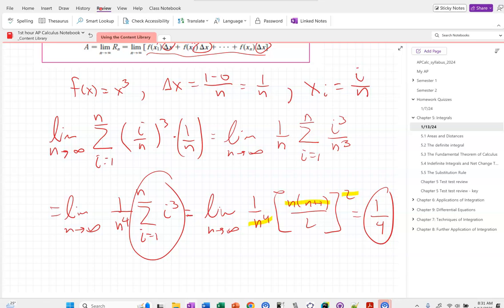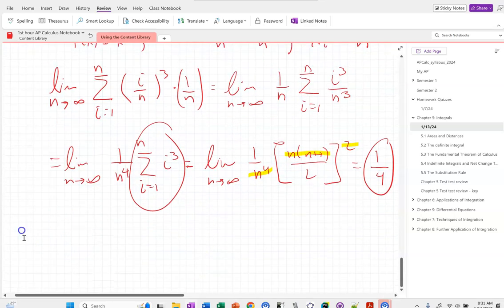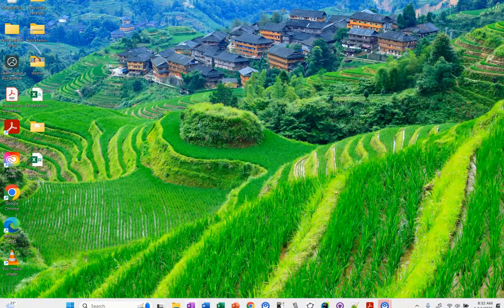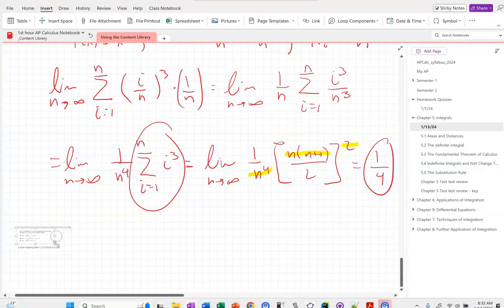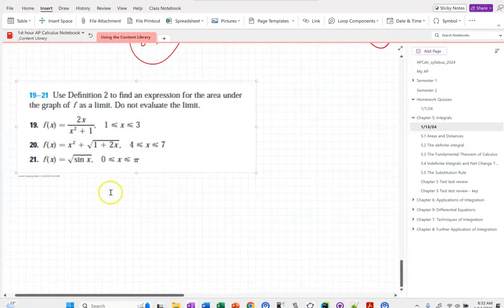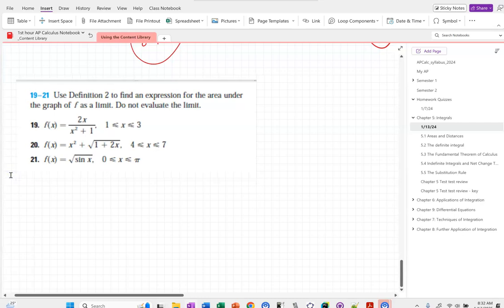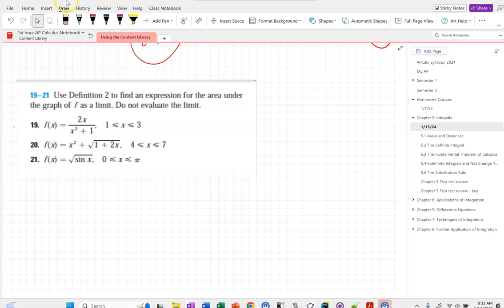Addie. 5.1 number 22? Sure. Okay. So it says, use definition 2 to find an expression for the area under the graph of f as a limit.